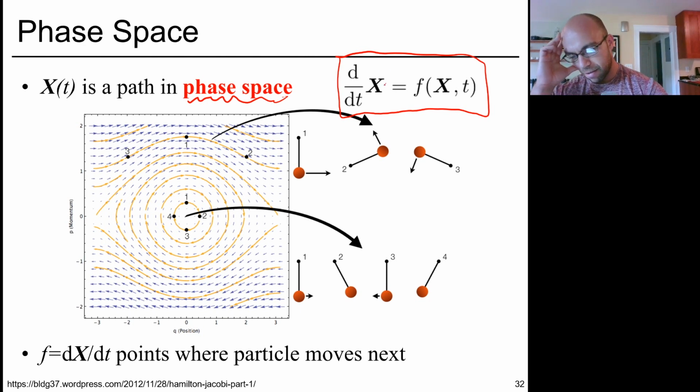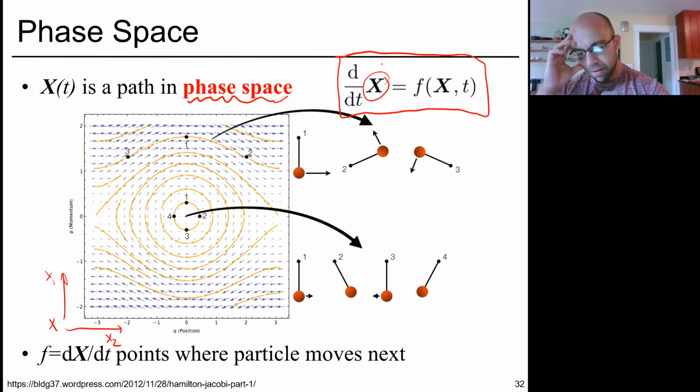So let's say that x is two-dimensional. If it's higher than two-dimensional, it's kind of hard to draw on our PowerPoint screen. So maybe here's x1 and here's x2. So what is this equation saying? Well, it's saying that I can give you the rate of change of x at a given point.